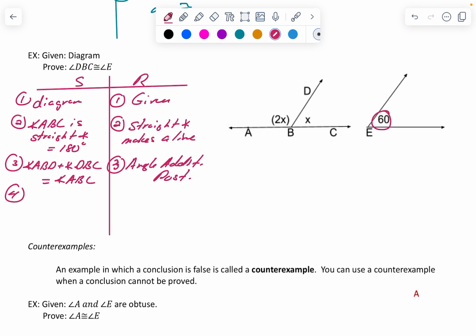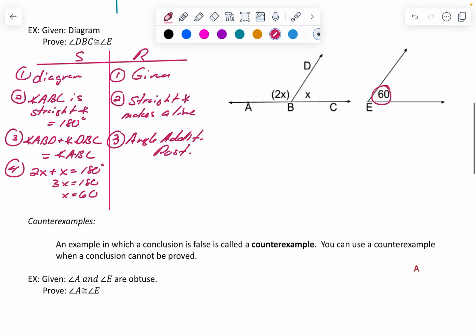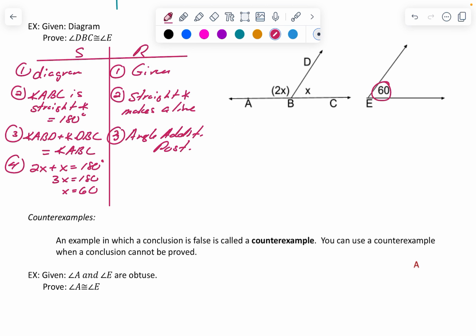So once we do that, now we can substitute in things that we see in the diagram. So we can say 2x plus x equals 180. And at this point, we can just go ahead and solve it. We can solve that. It's not separate steps. It's all a part of substitution.